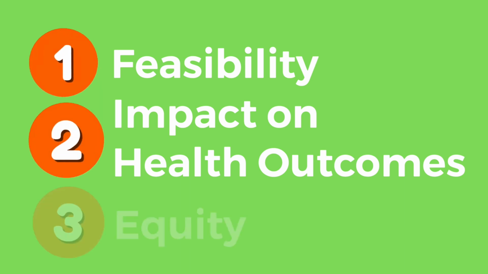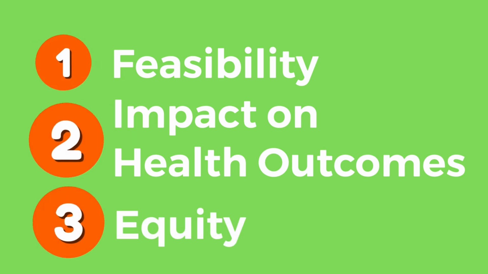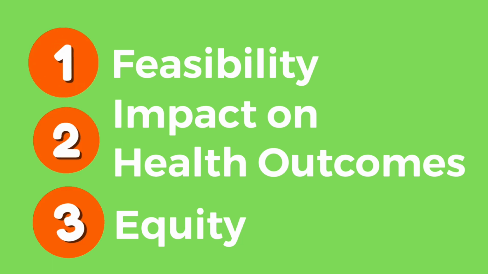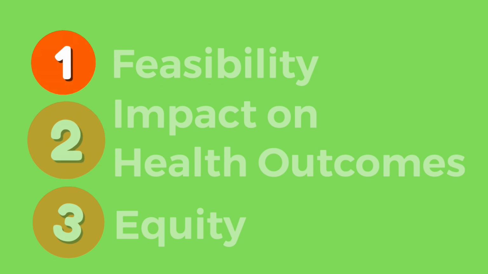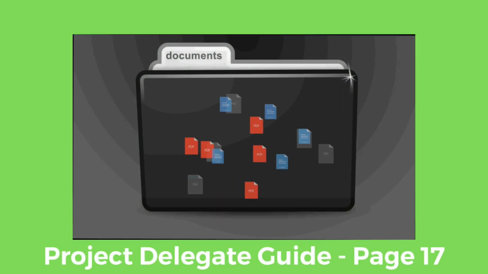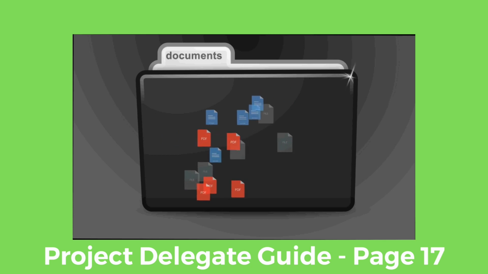And then finally, equity. Is this project addressing a need in the community? All 3 of those will come together to determine what are the priority projects. And in your project delegate guide, there is an example of the type of metrics that you would be using to make that decision. That's on page 17.